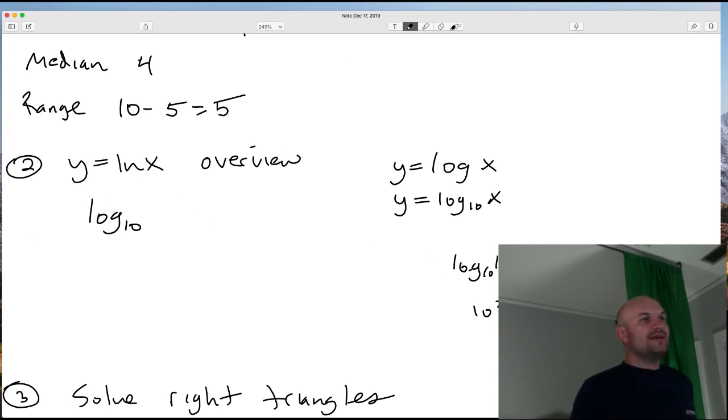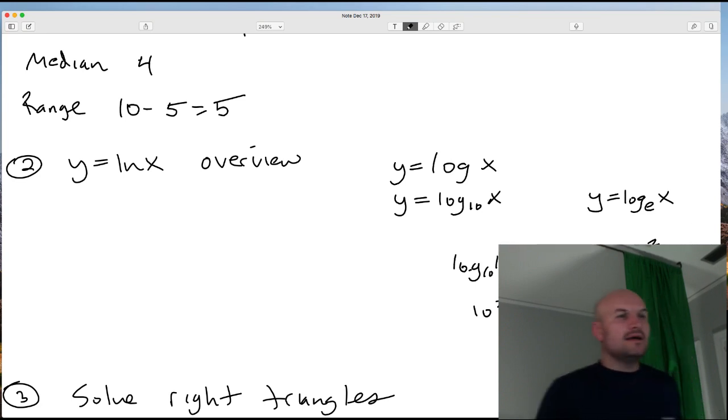When we're dealing with exponential form, it's the same relationship over here. It's just y equals log base e of x. So if I had log base e of e squared, that's going to equal 2, because that's basically saying e to the power 2 is equal to e squared.